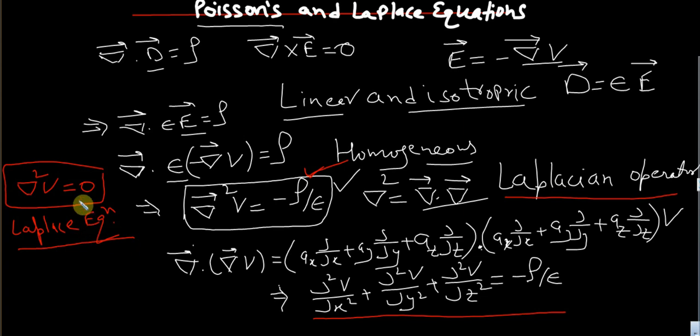From this equation you can find V. This is a second order differential equation, and its solution will give you the value of V, and from the value of V we have a relation of V with E. We can find the electric field, and then lastly we can find the charge density.